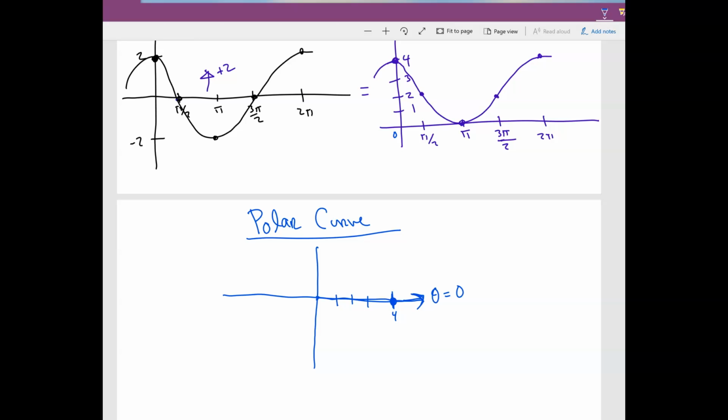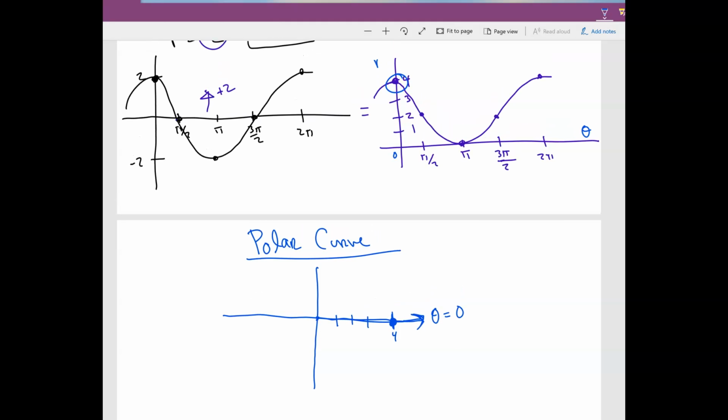That's where we're going to start. If you think about 4 different circles of radius, then you have the 4th circle, which is the radius 4. Remember, this is theta and this is r.